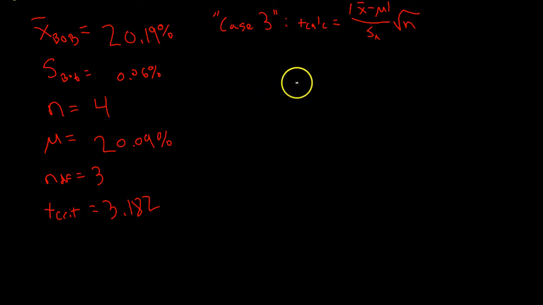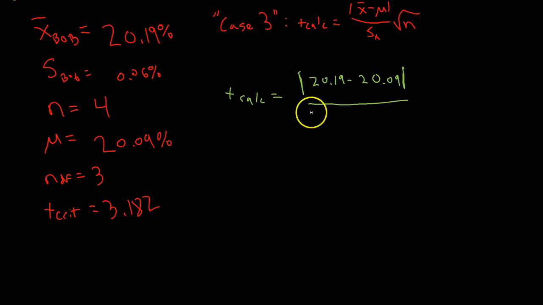So t calc equals the absolute value of 20.19 minus 20.09, all divided by 0.06 times the square root of 4.